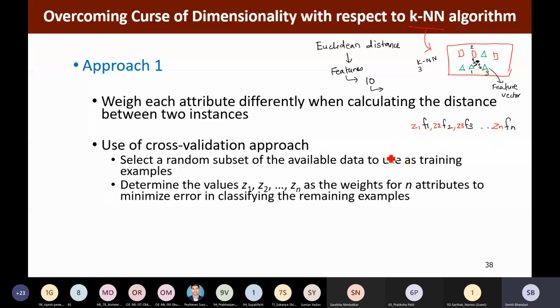Z3 is the weight associated with F3 and so on. Right? So we are going to determine these values such that our error is minimum.